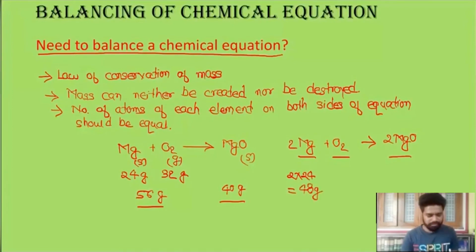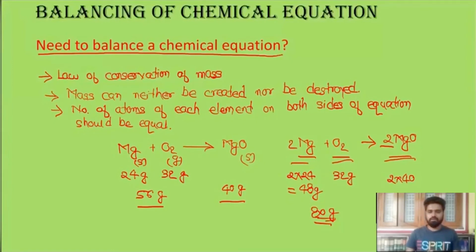The mass of oxygen is 32 grams, which makes the total mass on the reactant side 80 grams. And the mass of one magnesium oxide is 40 grams, so 2 MgO is 2 into 40 equals 80 grams. So by balancing the number of atoms on each side of the equation, the mass gets balanced on both sides and the law of mass conservation is followed.